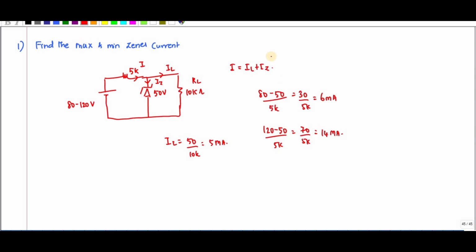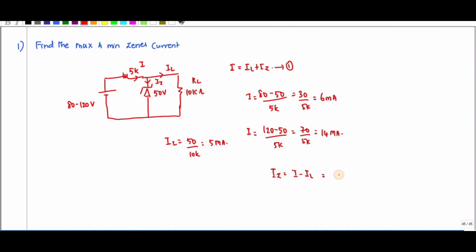So I have found the value of I. I need to find the value of IZ. From this equation, IZ is nothing but I minus IL.